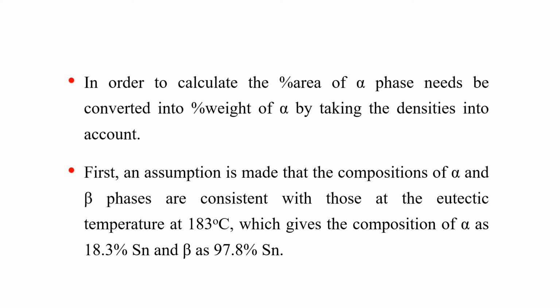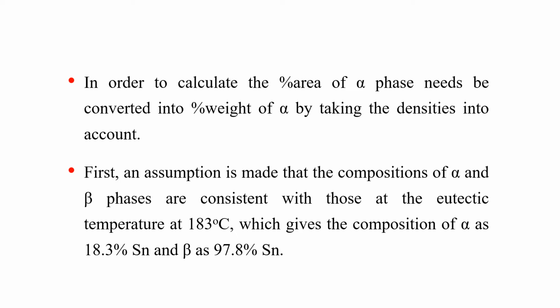After this brief description of the diagrams, now it's necessary to understand how to relate the percentage of areas with the diagrams that we have. But the percentage of area of alpha phase needs to be converted into a percentage weight of alpha by taking the densities into account.